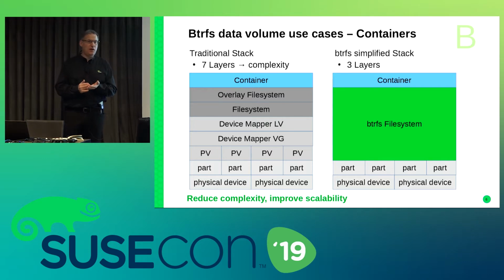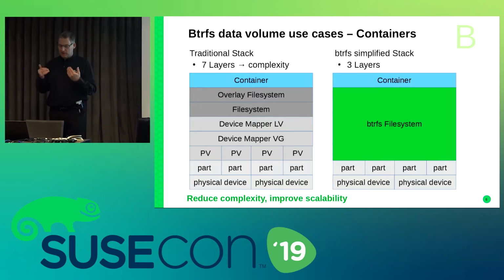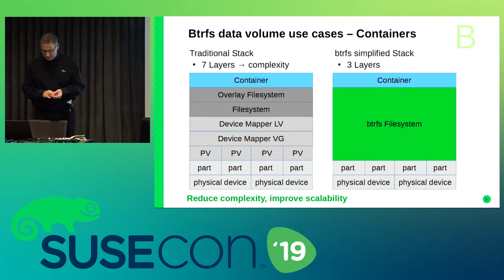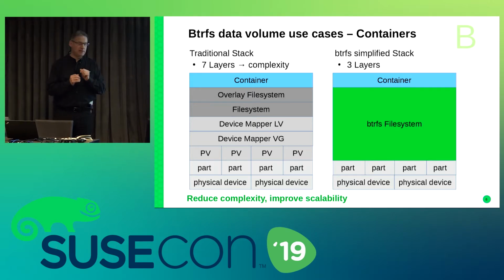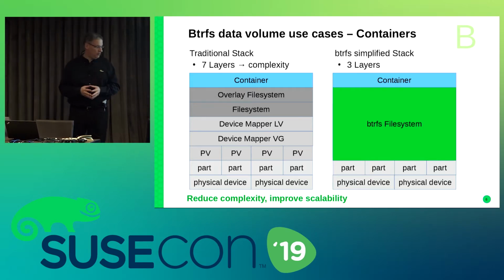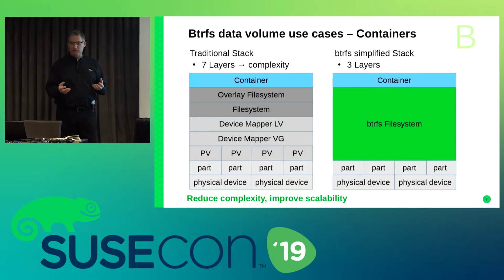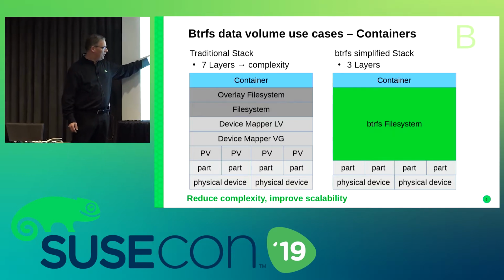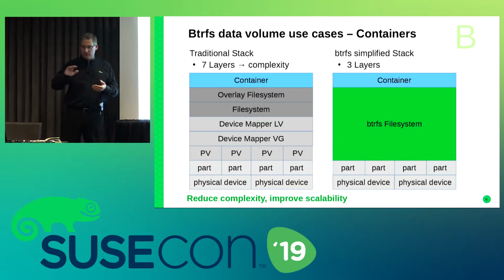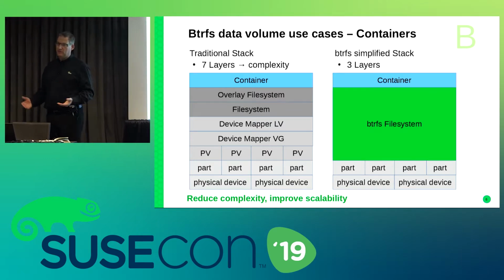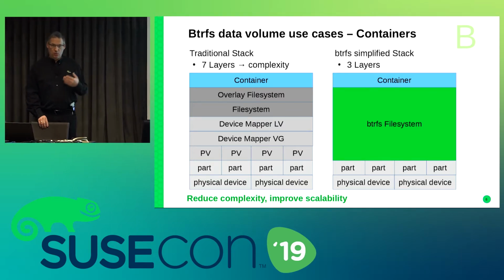That's actually what the SUSE CaaS Platform does when you deploy it physically. It helps to reduce complexity and also improve scalability, because with overlay file systems, every layer needs a different mount point, which can become quite complex quite fast.